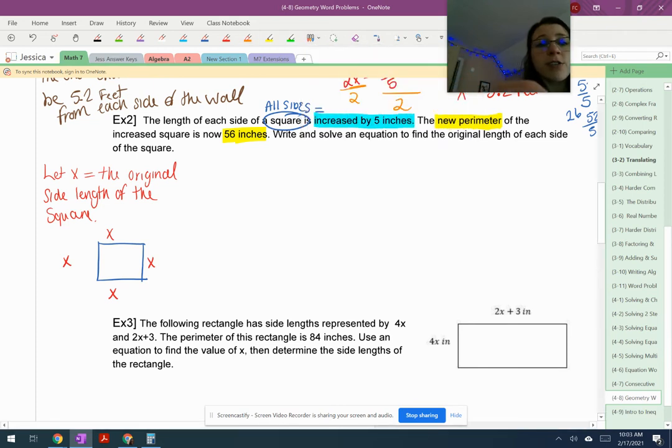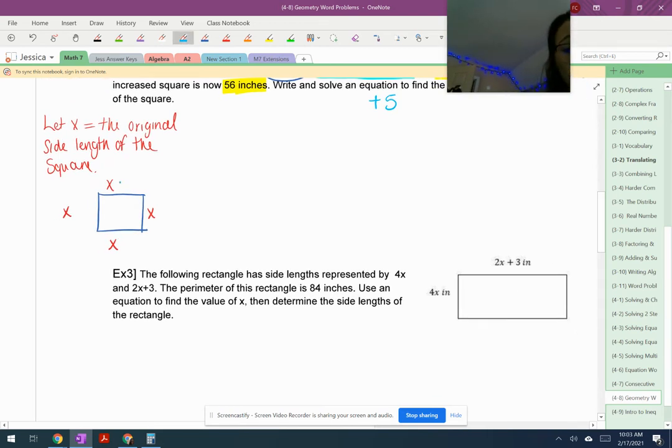So that means we would have x increased by 5, which is plus 5. We're taking the side of each square, we're adding 5 to it. So each side of the square isn't going to be labeled x, it's going to be labeled x plus 5.